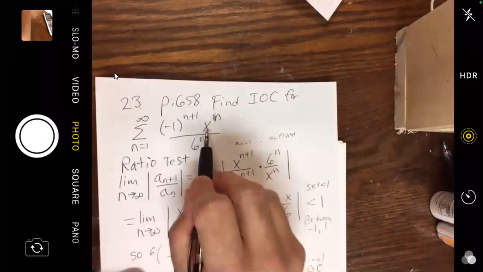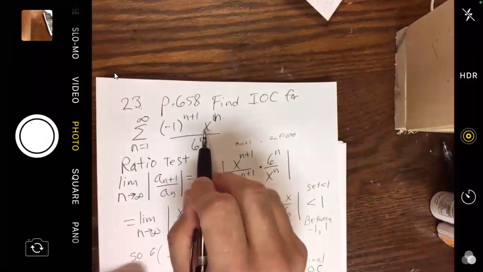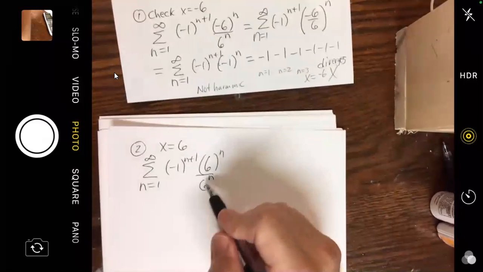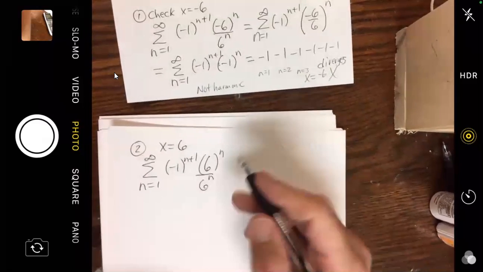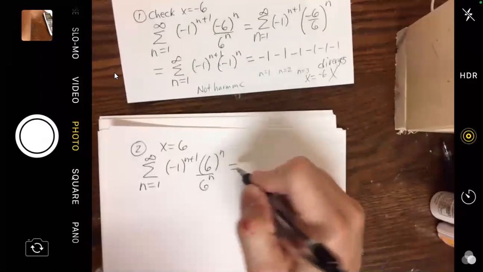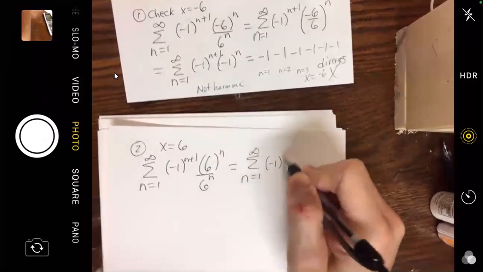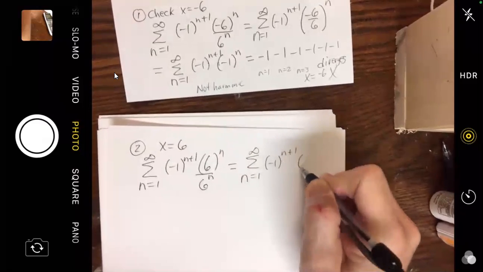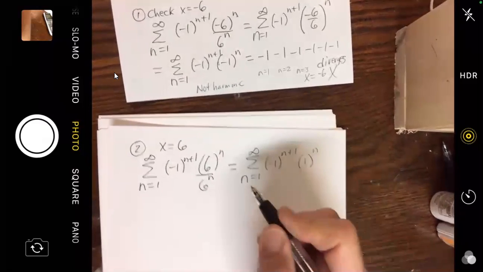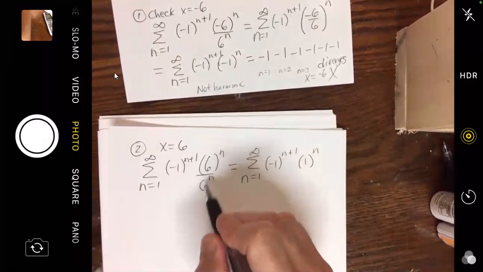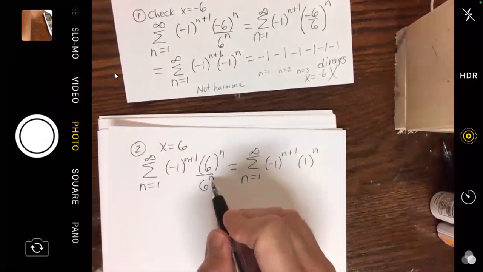I'm plugging in x equals 6 right there. If you want to see how the 6 to the n's, you could cancel them. That's fine. I never do. You're going to get the sum from n equals 1 to infinity of -1 to the n+1 and a 1 to the n, 6 over 6, all to the n.